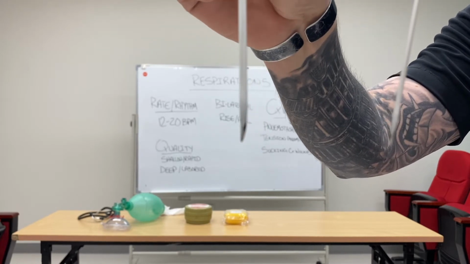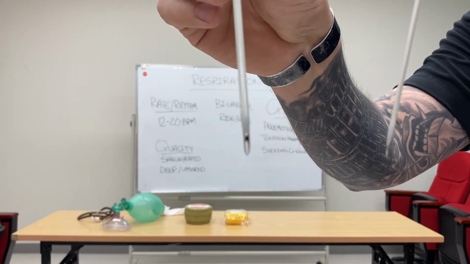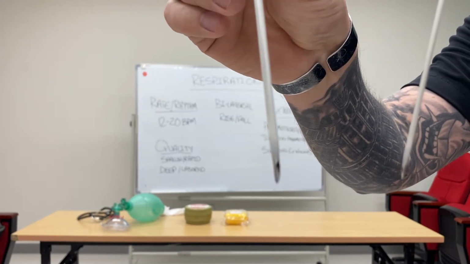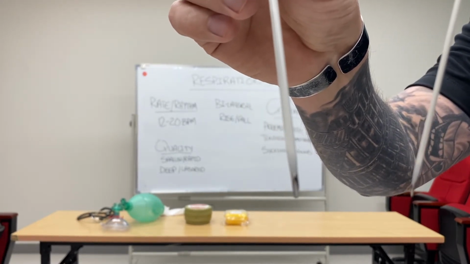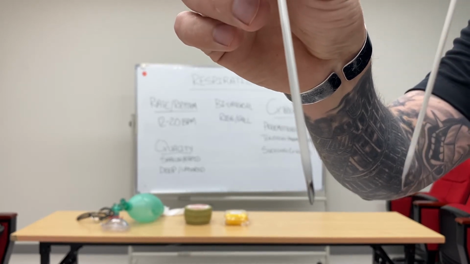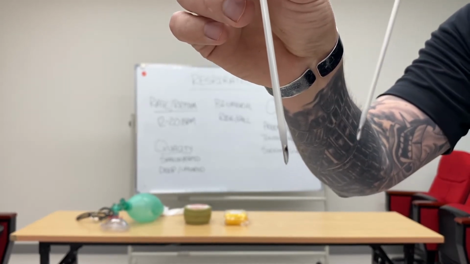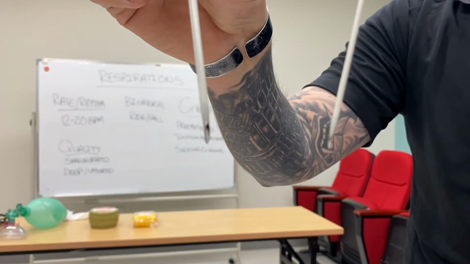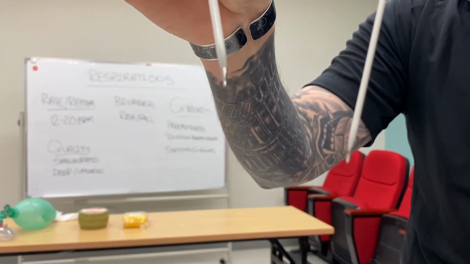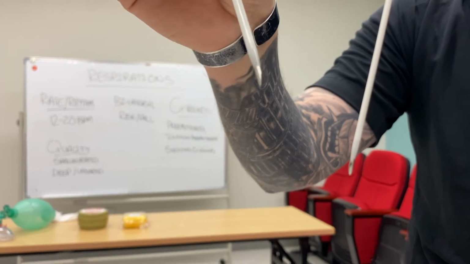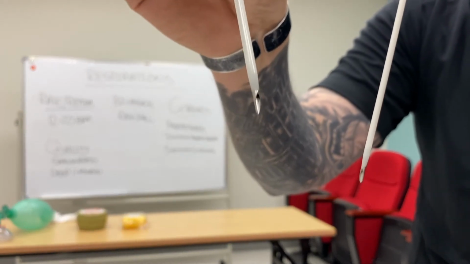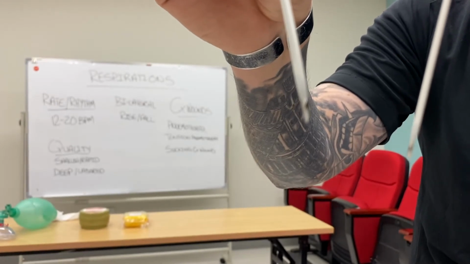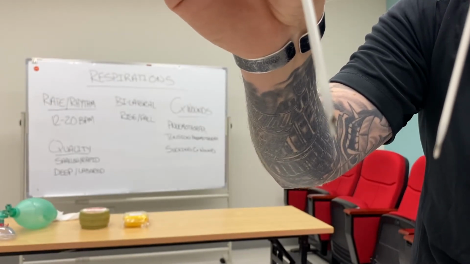The 10 gauge is a significantly larger diameter and will allow more air to escape in the case of a tension pneumothorax or a pneumothorax. The 14 gauge used to be the standard gauge, but through the last 5 years of battlefield study, they found that 10 gauge is the preferred gauge for treating pneumothorax or tension pneumothorax.